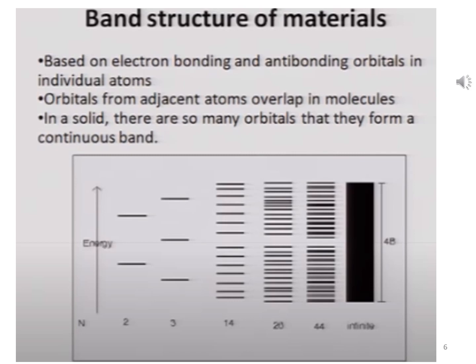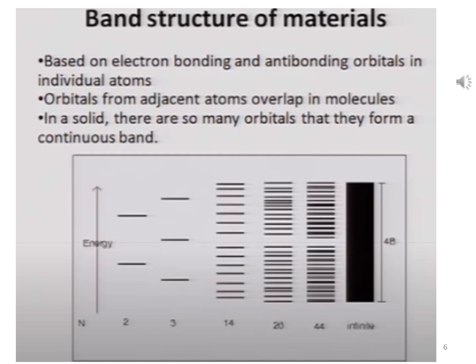For example, in the first case you can see that there are only two atoms, so two atomic orbitals will combine and form two molecular orbitals, and there are only two energy levels, with a large difference between them.